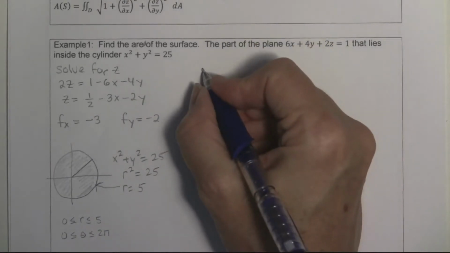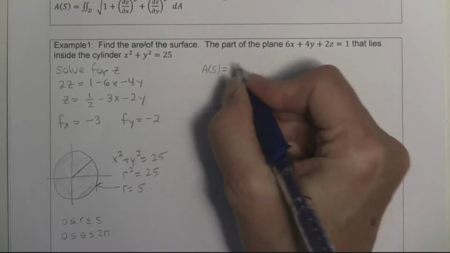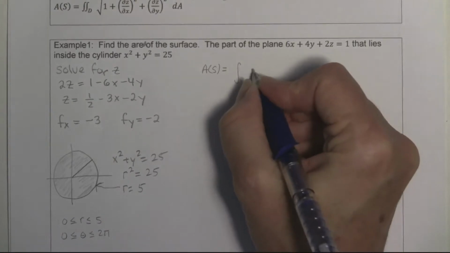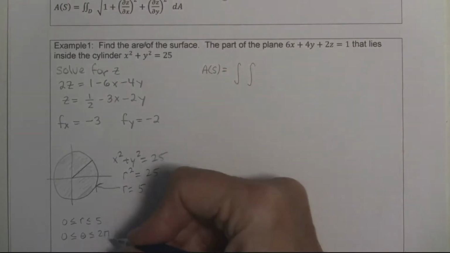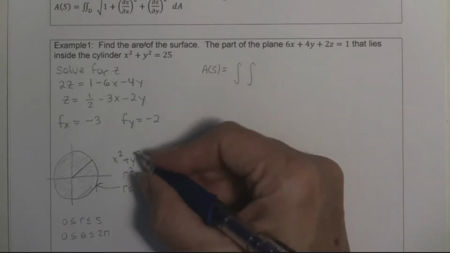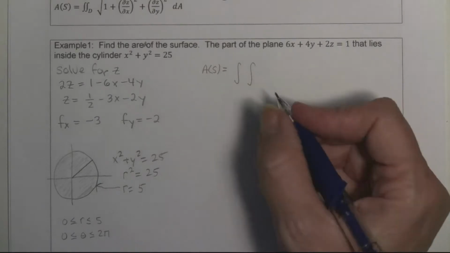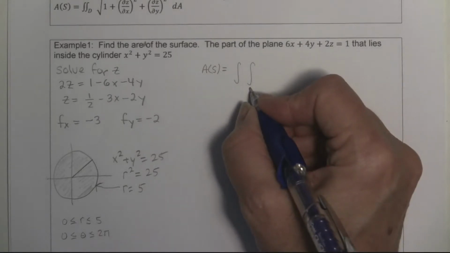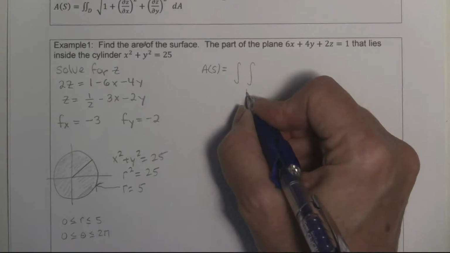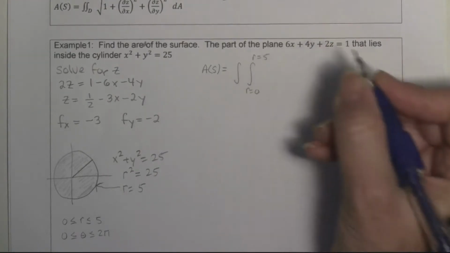Let's see, the area of the surface, our little formula, is the double integral. In this case, I'm going to be using r, and I'm doing polar because it would have been difficult to do it in rectangular coordinates with a circle. And so remember that you put r on the inside, so r is going from 0 to 5. Don't get a choice on that.